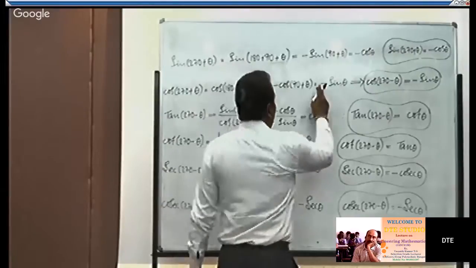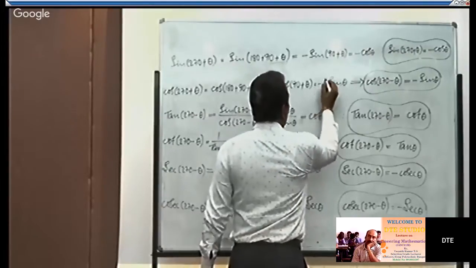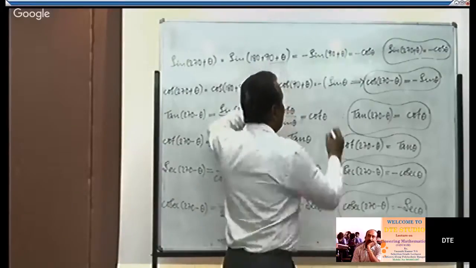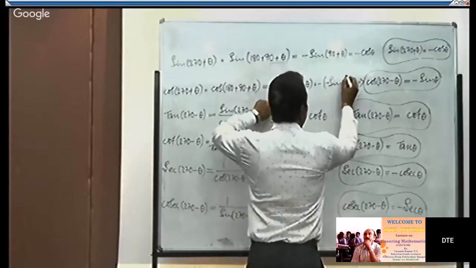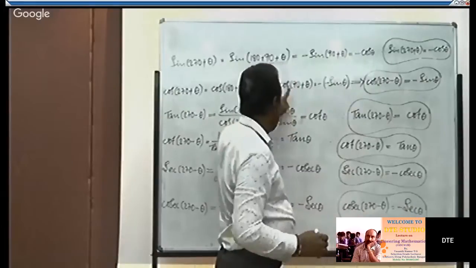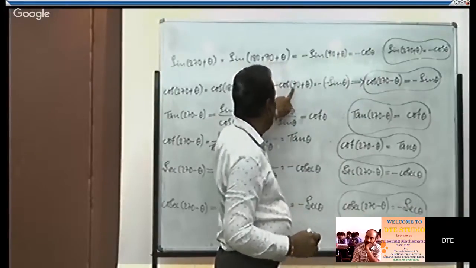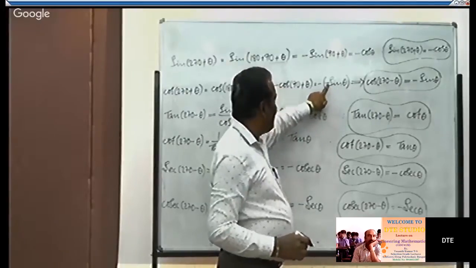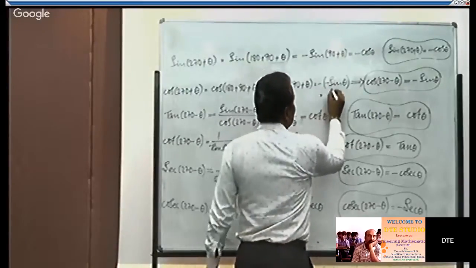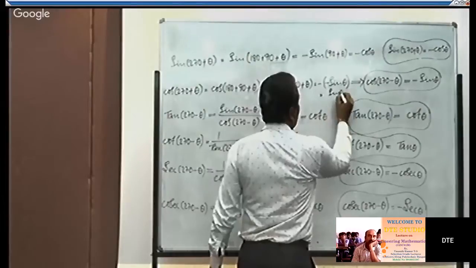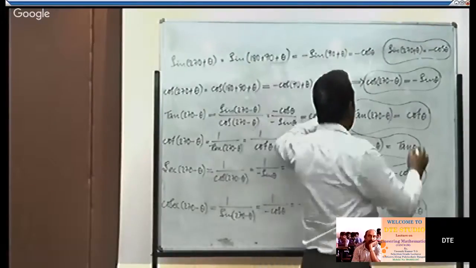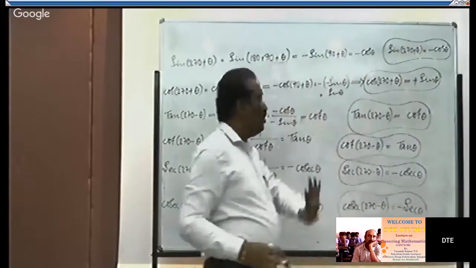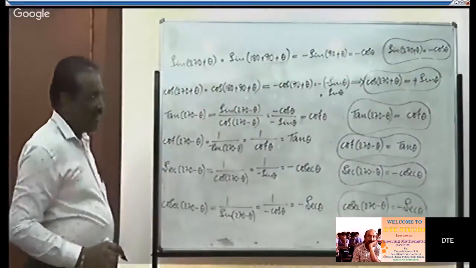Now minus, we know that cos of 90 plus theta is minus sine theta. Please remember, we proved in the previous results cos of 90 plus theta is minus sine theta. Minus into minus is plus sine theta. Therefore, one can write cos of 270 plus theta is equal to sine theta.